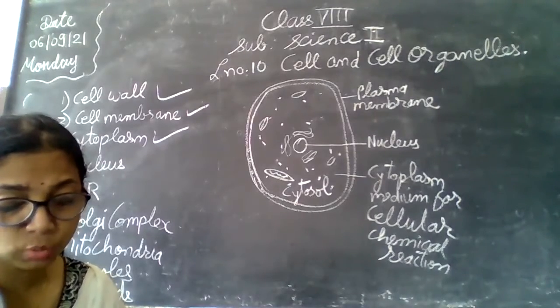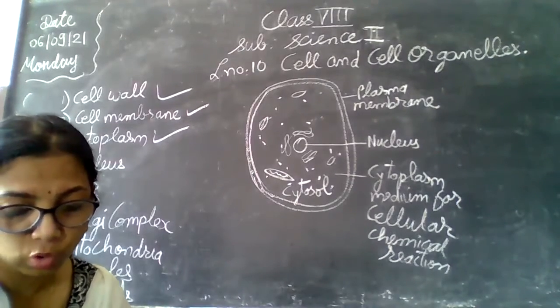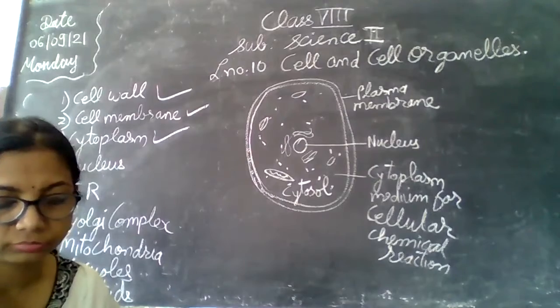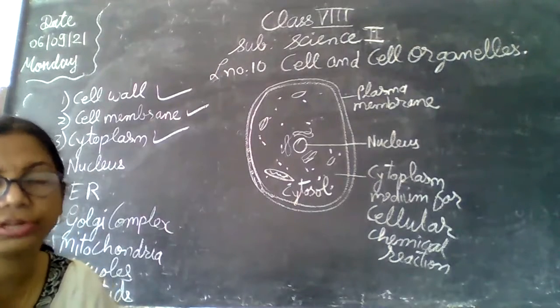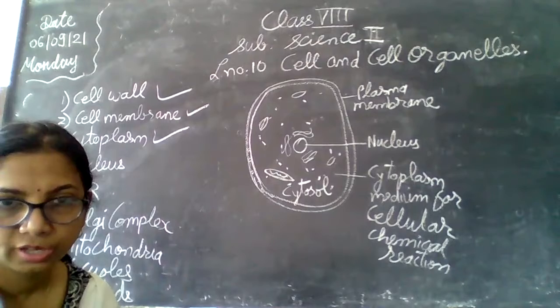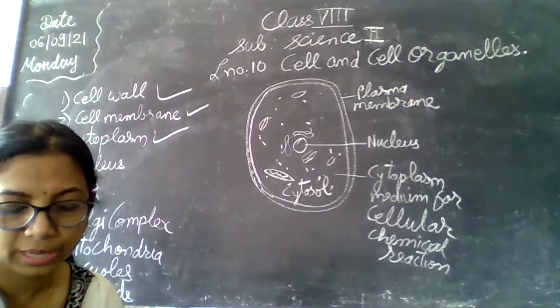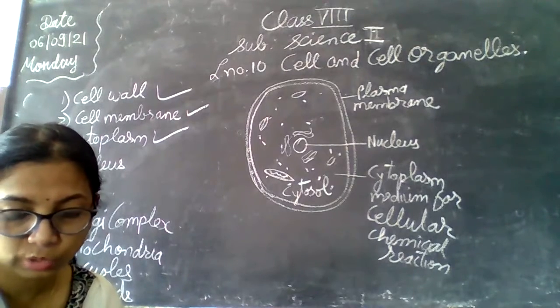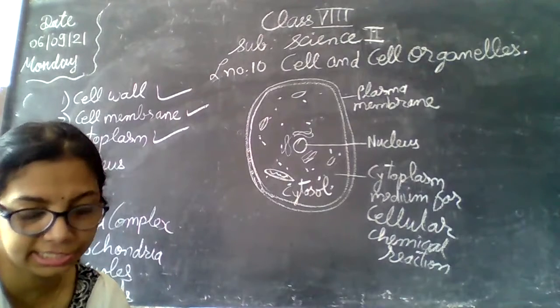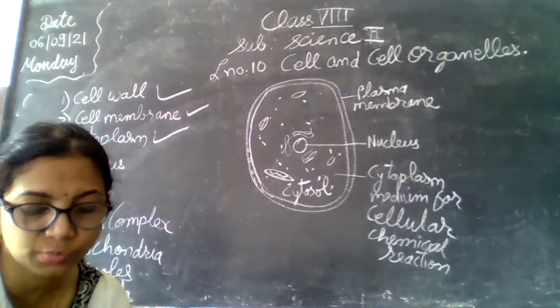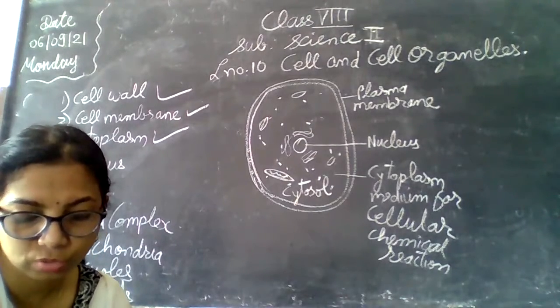Now, except the nucleus and chloroplast, all other organelles can be seen only with an electron microscope. But if we want to see the nucleus and chloroplast in detail, we need a much better microscope.